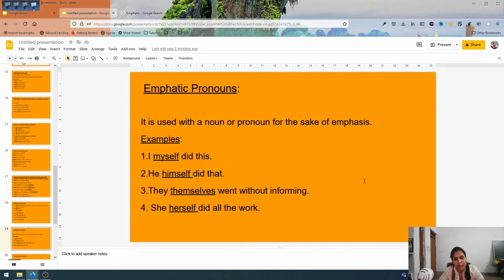They themselves went without informing. She herself did all the work. So these all are emphatic pronouns. Understood? When we use I myself, he himself, they themselves, she herself, these all become emphatic pronouns because these show emphasis on the noun.